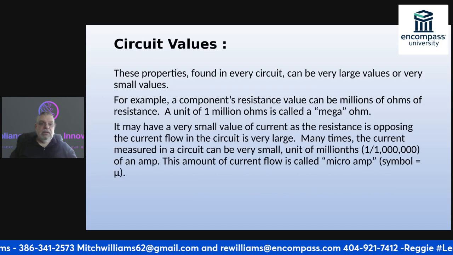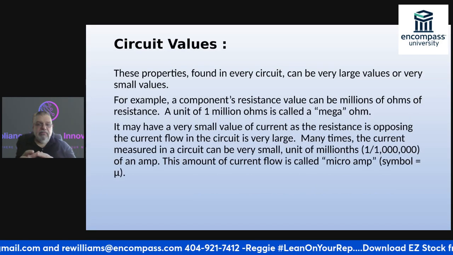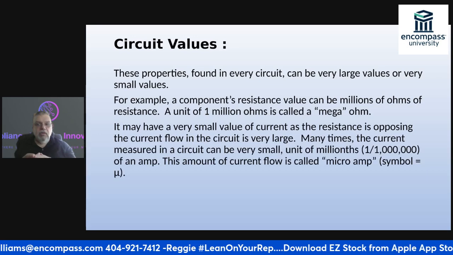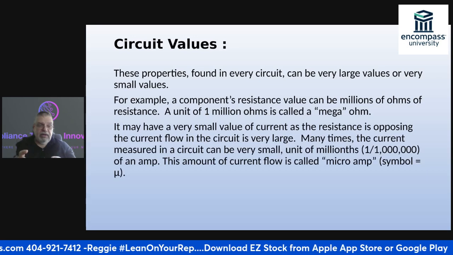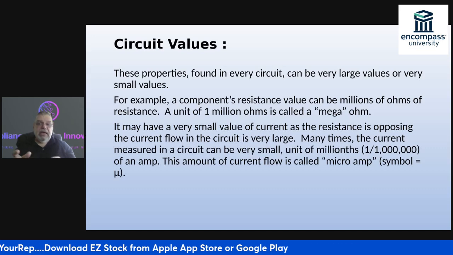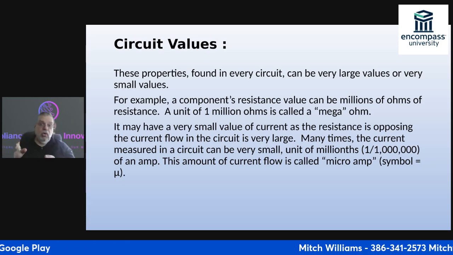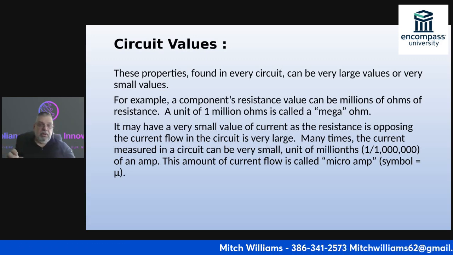Circuit values are properties found in every circuit. They can be large values or very small values. For example, a component's resistance can be in the millions of ohms. A unit with a million ohms is called a megaohm.